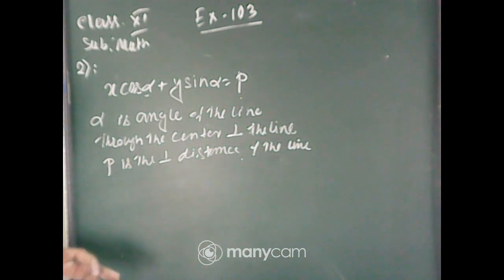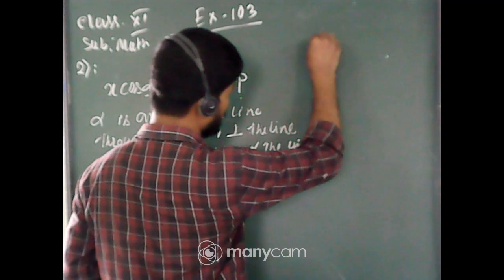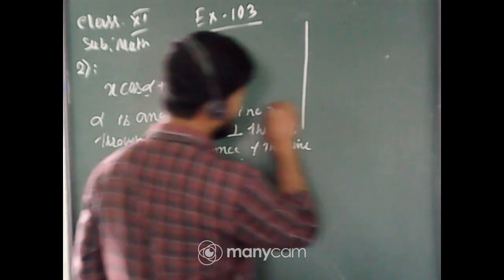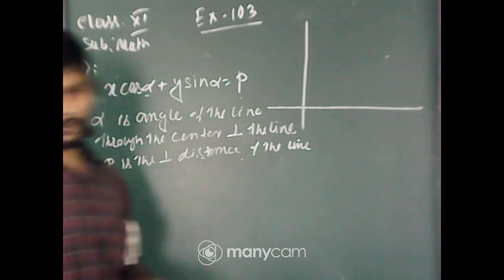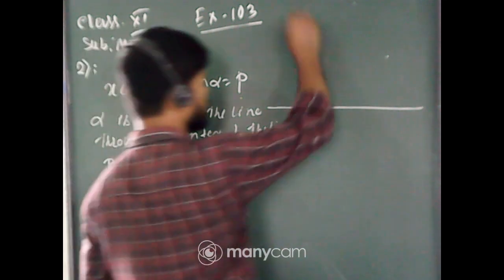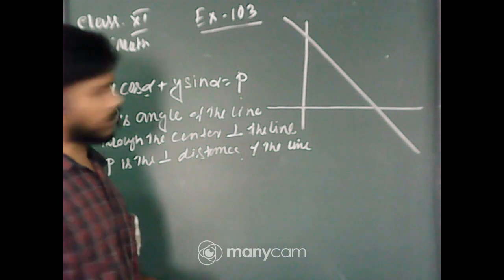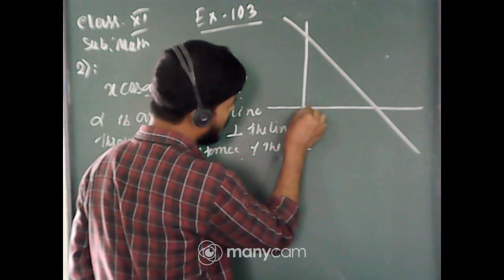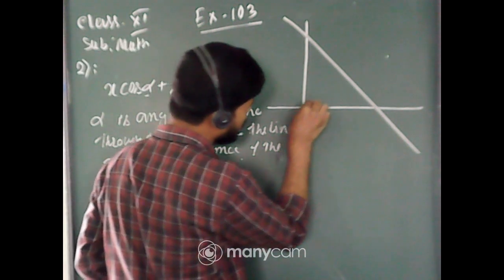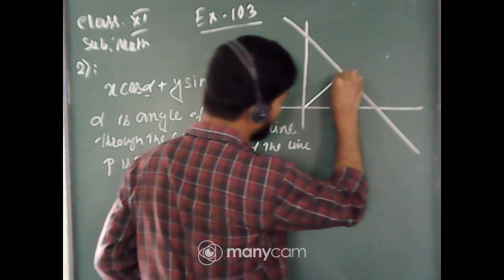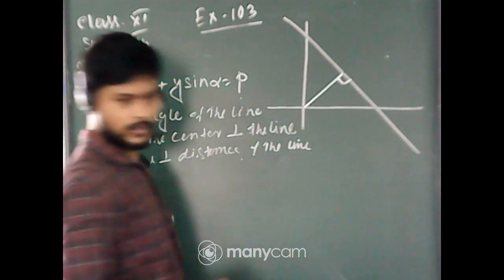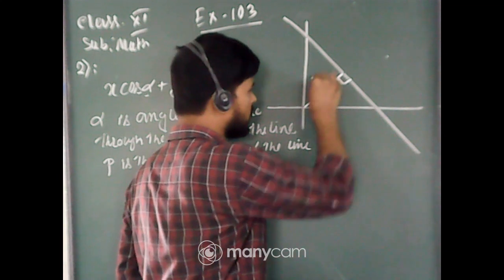If I draw the diagram, it will be easy to understand. Let this be our set of rectangular axes, and let this be any line. If I draw a perpendicular from the center to the line, this angle is 90 degrees, and this length is p.